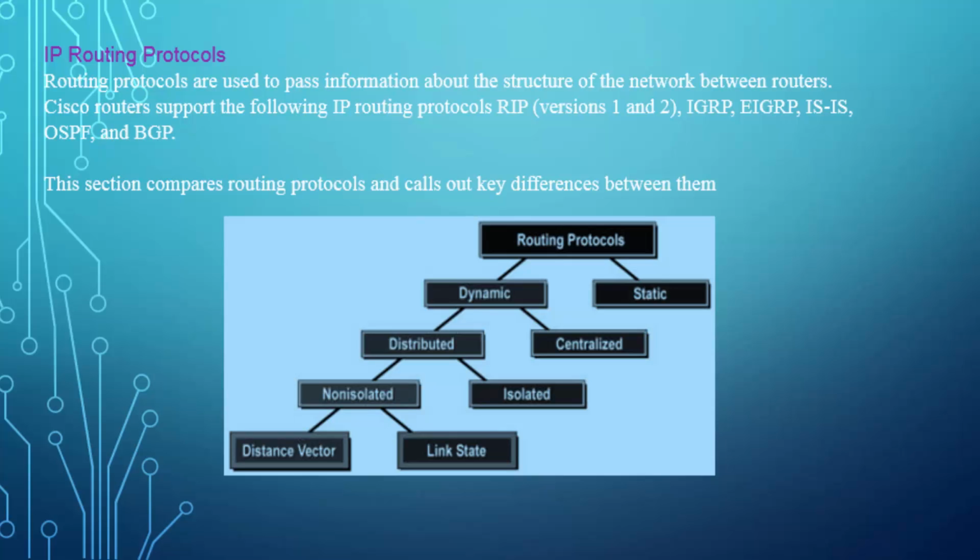OSPF we're going to use a lot, and BGP we are not going to see very often, but it's a very important protocol because it carries one of the most important things in the world nowadays, the internet. So in this session we're going to compare the different routing protocols and call out key differences between them.